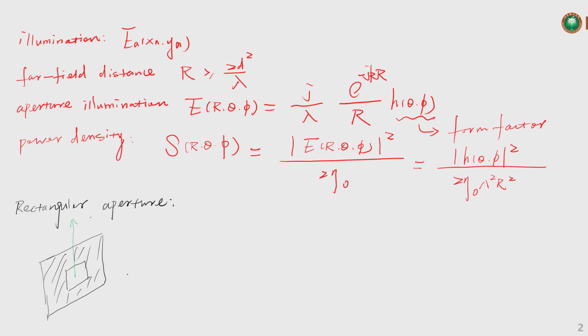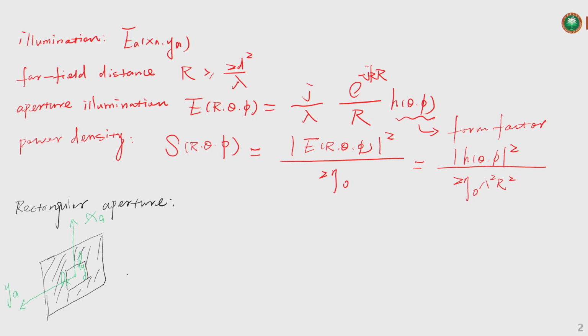This is x, the y-axis is along this direction, and its length is Ly. And along the x-axis is the dimension Lx, alright?